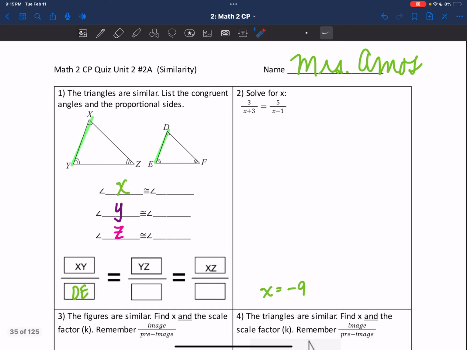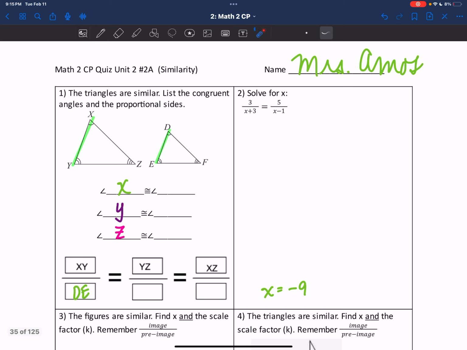So we know angle X is right here, and that's only got 1, so that's going to go with angle D. All right, so then you're going to figure out Y goes with what, and then Z goes with what on the other triangle. Now down here, you need to figure out what sides match up. So again, look at your angles so you know which sides go together.